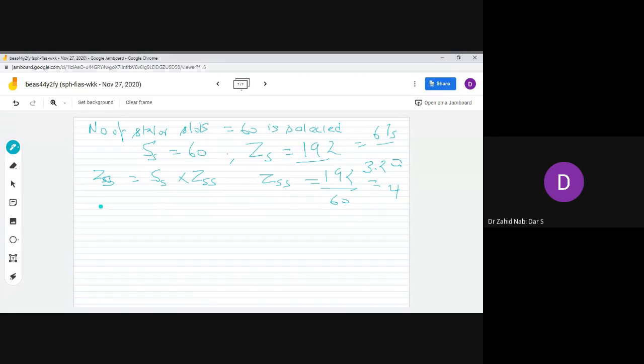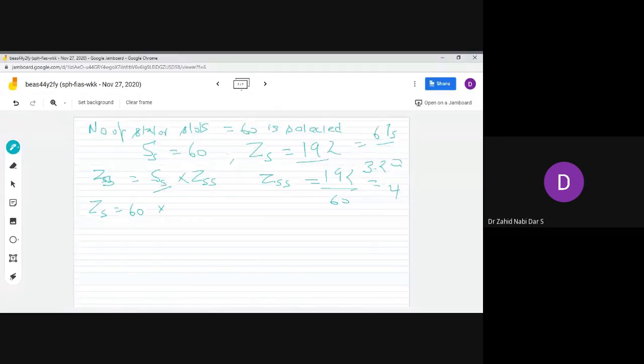But on this basis, the stator slots equal to 60 into 4, so you get 240. You will say, sir, what formula are you telling, that is 192 and this is 240.